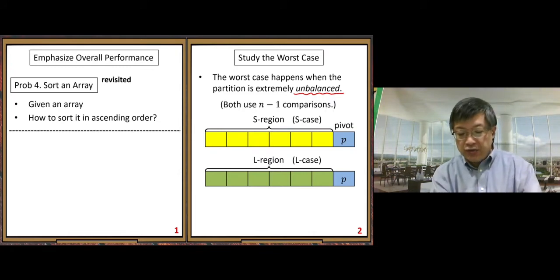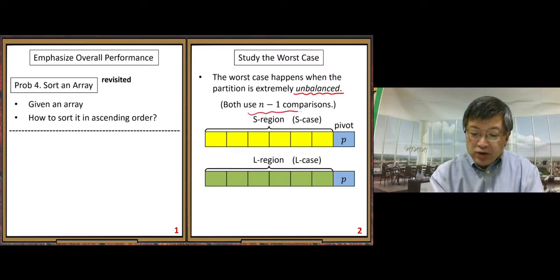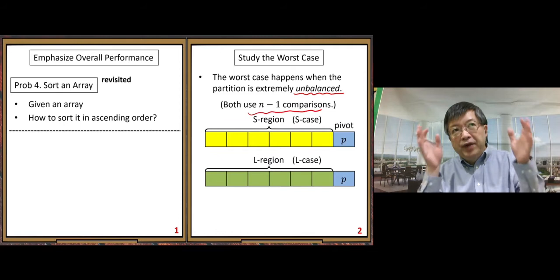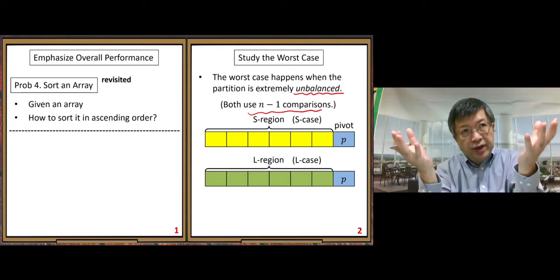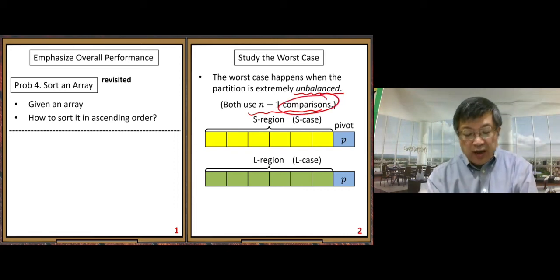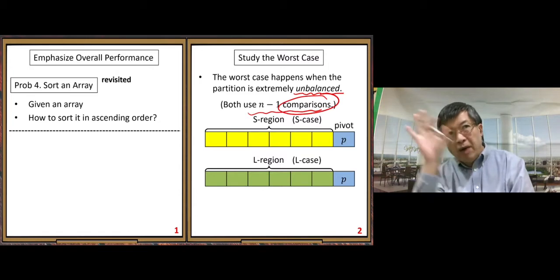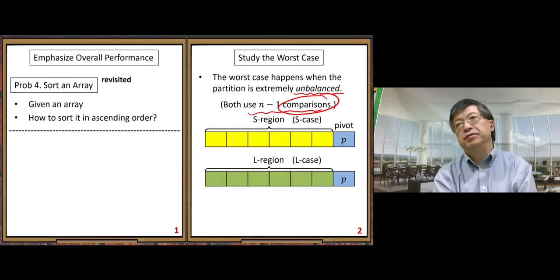Or we ask this question. We know they use n-1 comparisons. From the number of comparisons, they are equally good, right? The same. But other than the comparisons, can you see for some other things it is different for these two cases?